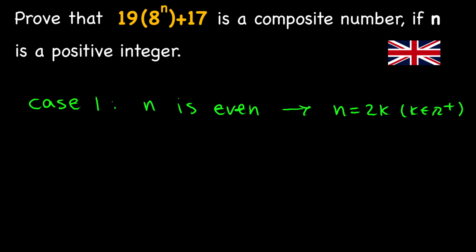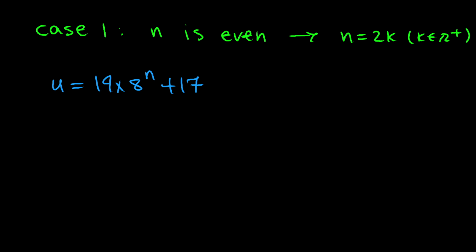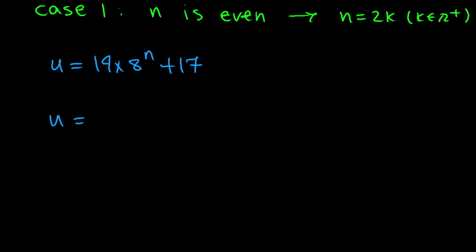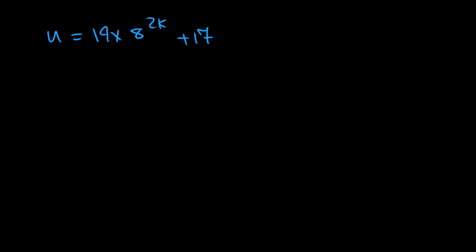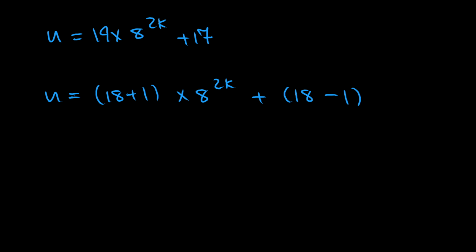Now, let's say our number is u, therefore u equals 19 times 8 to the power of n plus 17. Since we assume that n is equal to 2k, u is going to be 19 times 8 to the power of 2k plus 17. And then let's go ahead and break 19 into 18 plus 1 and break 17 into 18 minus 1.